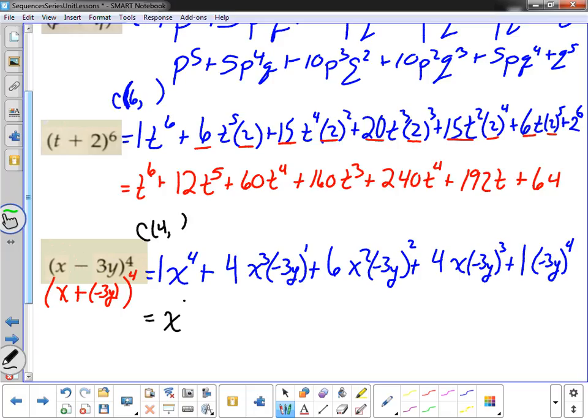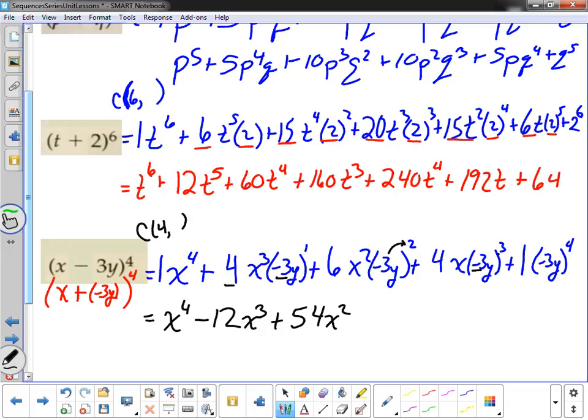x to the 4th, good. Here, notice I have a 4 and a negative 3, so that gives me a negative 12 x cubed y plus, now I have a negative 3 squared times 6. Negative 3 squared is a positive 9 times 6 gets me a 54. And then I have the next one.